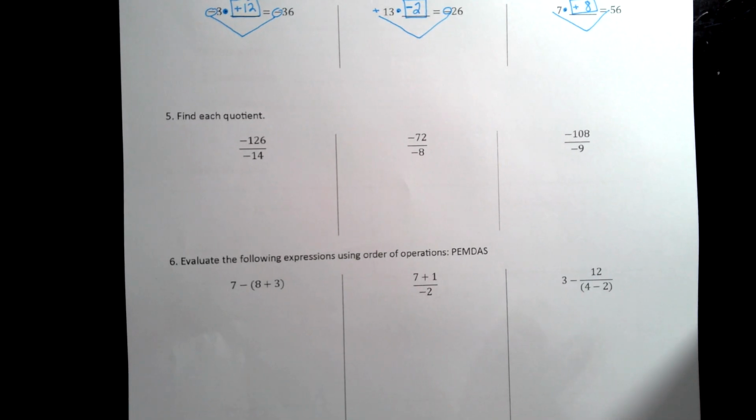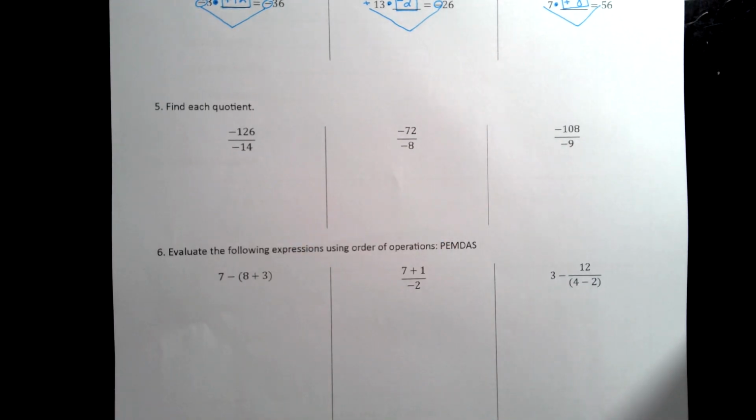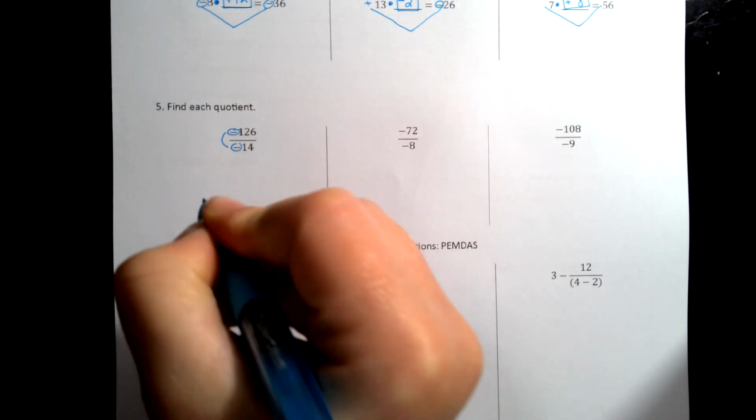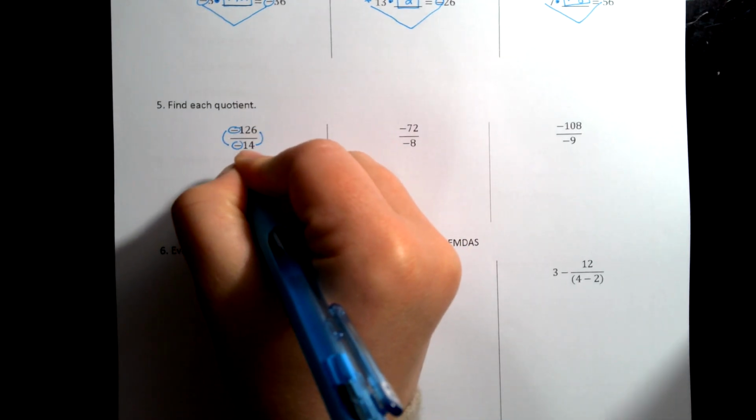Okay, moving on to the next one, question number 5. Again, very similar to question number 4, we are going to ask the same questions, but now it's just going to look a little bit different. So same or different, this is same. 14 times what is 126? So 126 divided by 14, that gives us a 9.